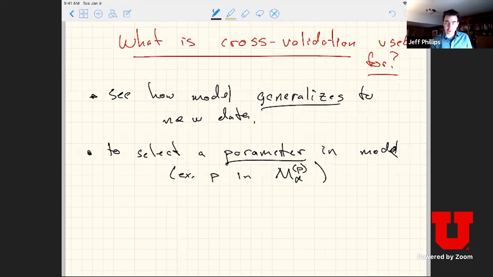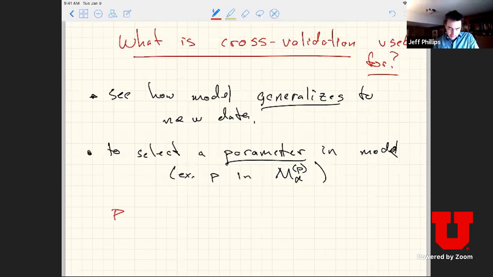So if I choose the polynomial degree of the model, what I would do is hold out some data. I would train each of the different parameters on the training data, create 8 different models, and see which one did best on the data that I held out, right?